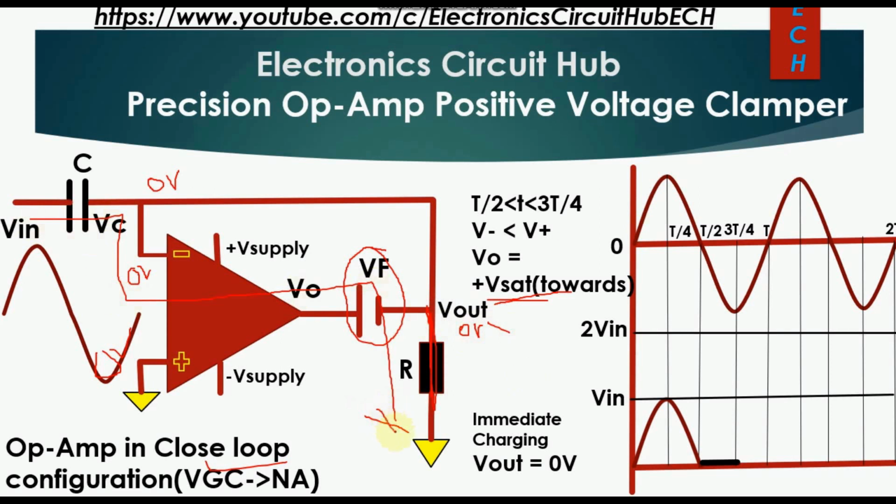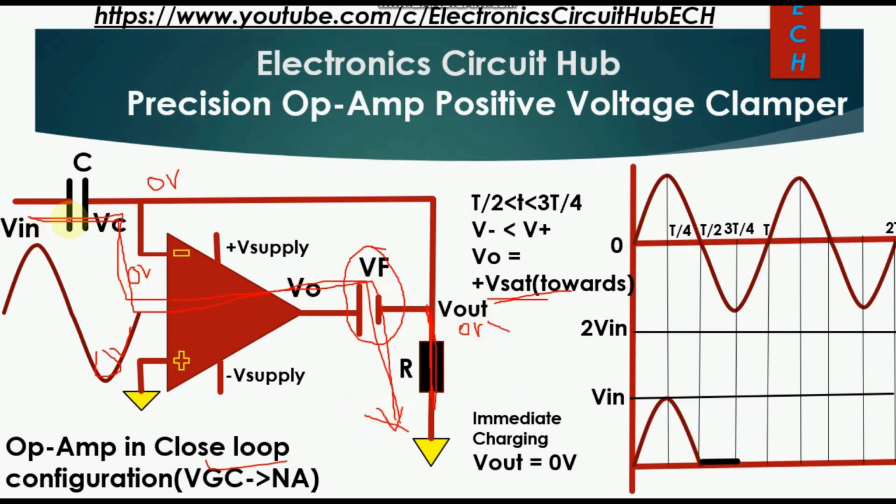So this is the charging path of your capacitor. Since this is a short circuit, there is no time constant for charging. The capacitor will charge immediately, that is called immediate charging. At that point of time your V output equals 0 volt.